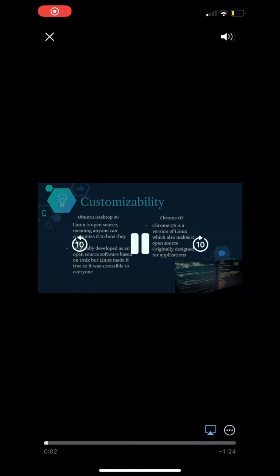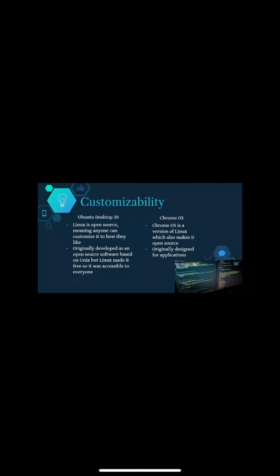So, customizability. Ubuntu Desktop 20 is a branch of Linux, and Linux is open source, meaning that anyone can customize the code to how they like by editing the Linux kernel. So you can also create your own version of Linux, like gamers might want to try, especially if you like coding.